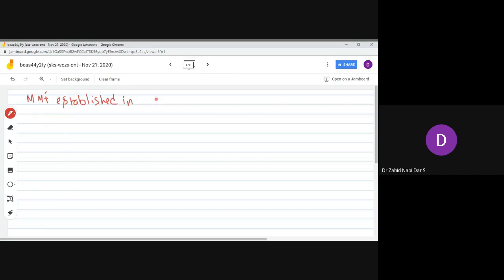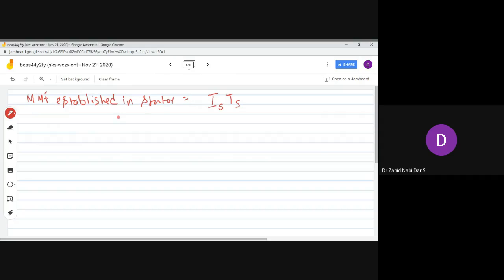MMF is basically ampere turns, or number of turns into current. So for the stator, the current is Is and the number of turns we have already given is Ts. So this is ampere turns essentially.